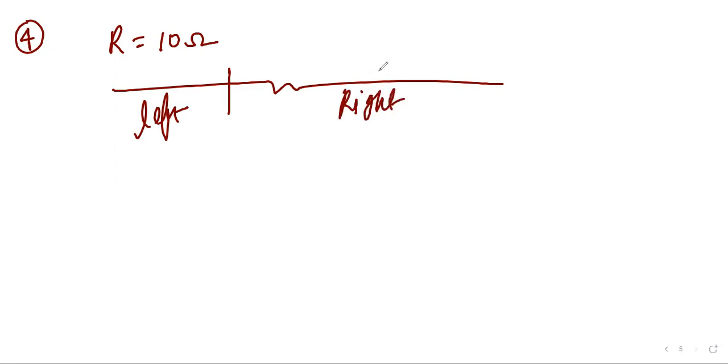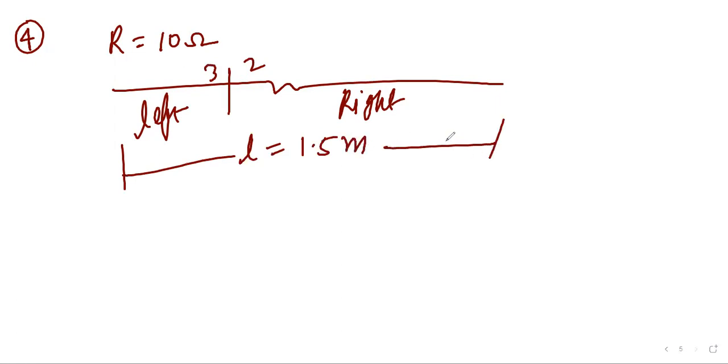So their ratio is given 3:2. If the length of the resistance wire is 1.5 meter, total length is 1.5 meter, right? Then the length of the 1 ohm resistor will be. So when R will become 1 ohm, what will be the length of that?